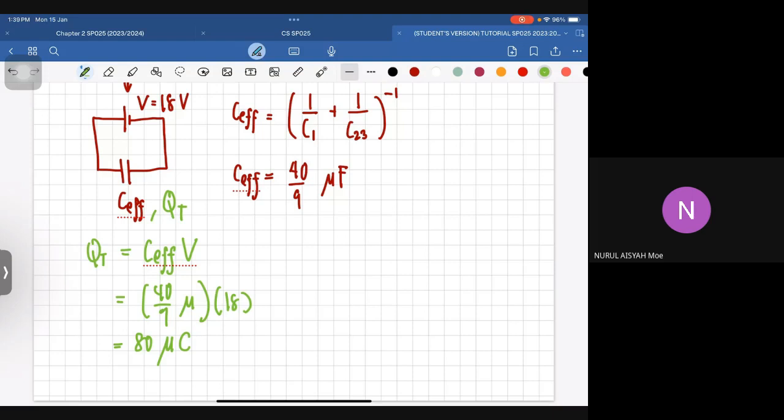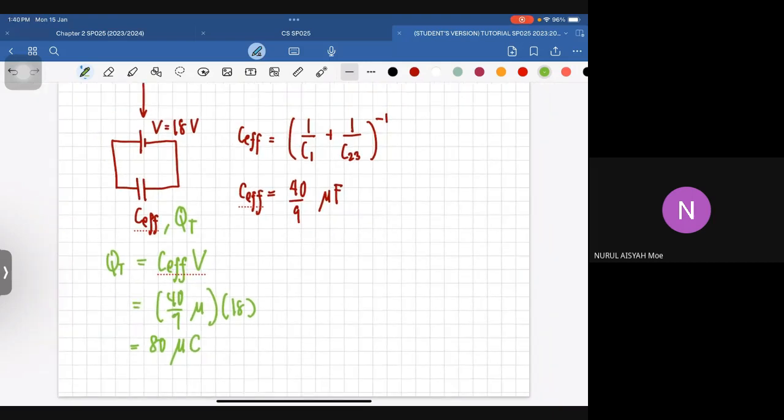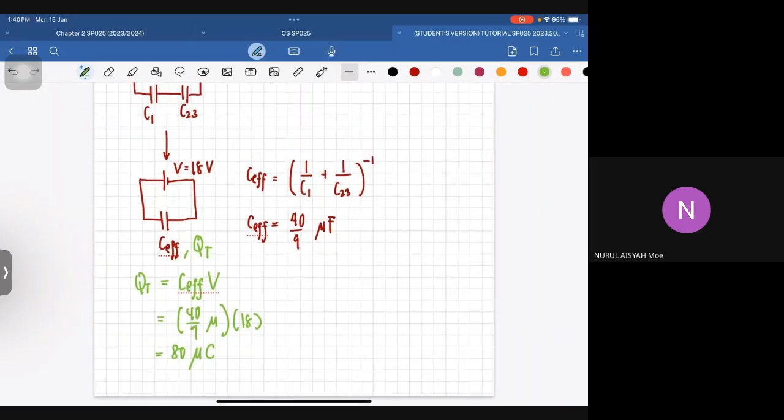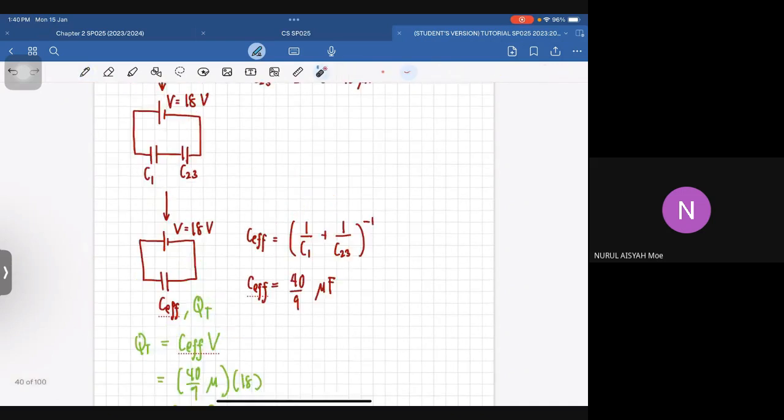Okay, lepas ni kamu tengok kenapa saya perlu cari dia punya total charge. Okay, so for this one, if we get the total charge, we can actually determine what is the value of charge for C1. Okay, so sekarang ni kita tengoklah karakteristik dia.